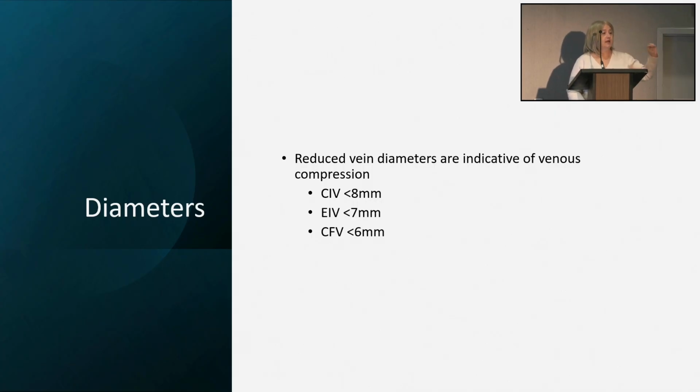If they stay the same, maybe it's not greater than 60% narrowing that they would find on IVUS, but maybe they're in that, well, do they need a venogram or not? If you get the same range of diameters going up, that still may be this patient, as well as their clinical presentation, may benefit from a venogram. So the vein size should get larger as you get towards the IVC.